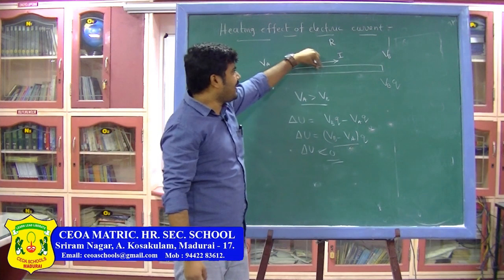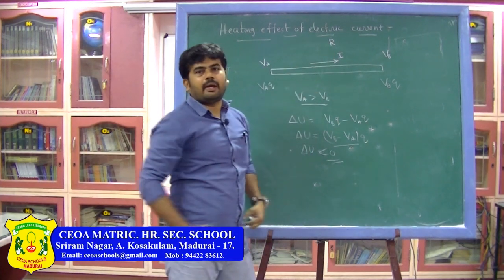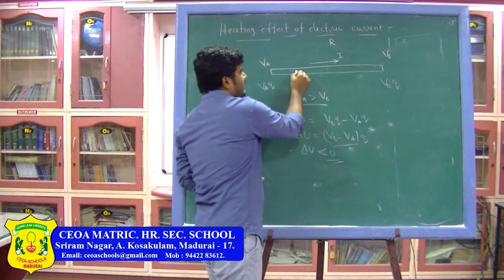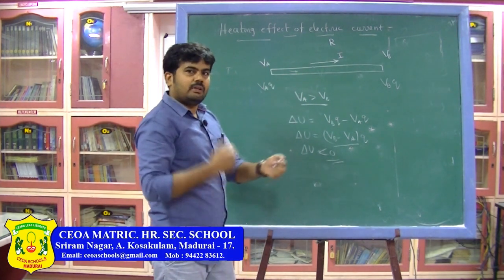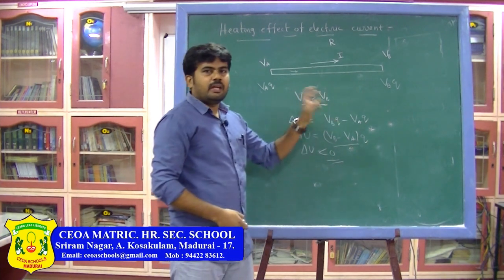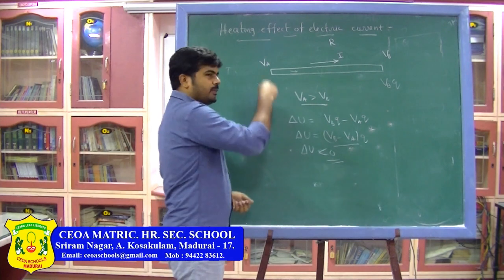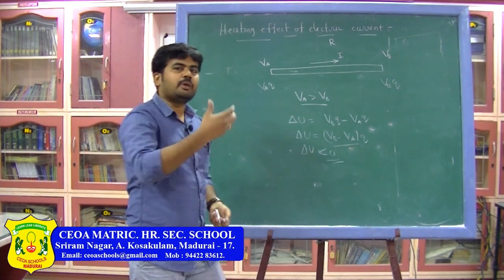Because there are atoms inside the material which are very closely packed, when an electron gains certain kinetic energy, that electron will immediately collide with the atoms. During that collision, it will transfer the energy to the atoms, where the atoms start vibrating vigorously about their mean positions.